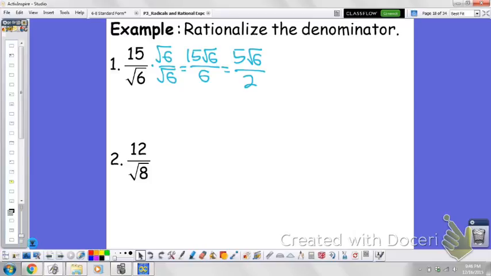Next one I have 12 over root 8. So I multiply the top by root 8 and the bottom by root 8. I get 12 root 8 over 8. Reduce 12 over 8 to 3 root 8 over 2.